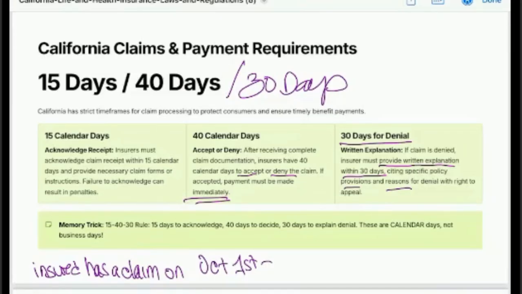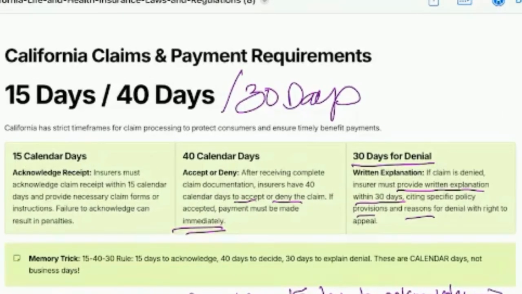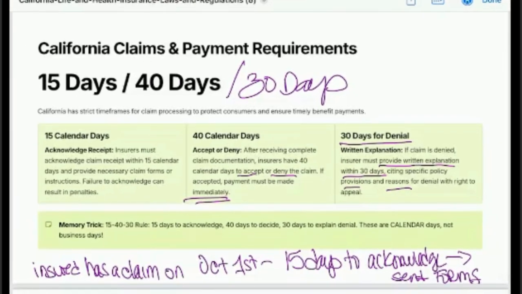The insurance company then has 15 days to acknowledge. 15 days to say, hey, we got your claim. Then they must send out forms for the customer to submit, right? To fill out, things like that. A lot of this is done electronically, but you need to know the time frame.